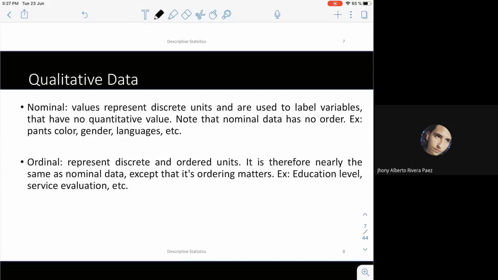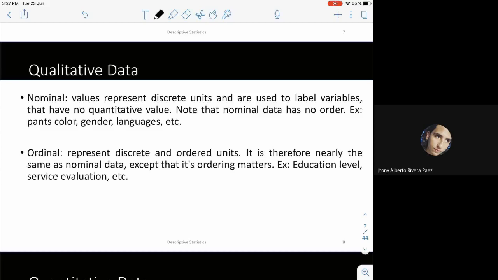Now we have some subdivisions of the data. In qualitative data, we have nominal and ordinal variables. What is nominal? Nominal means that the values have no quantitative value. That means that you cannot arrange them.